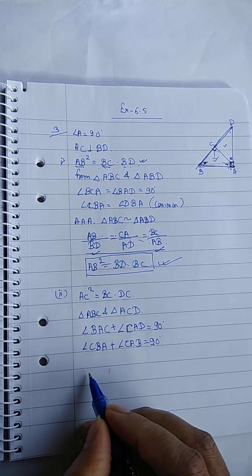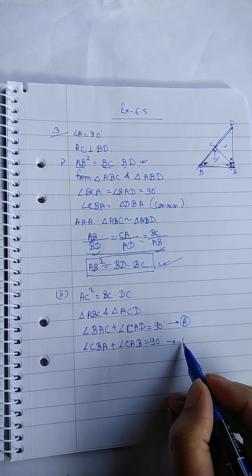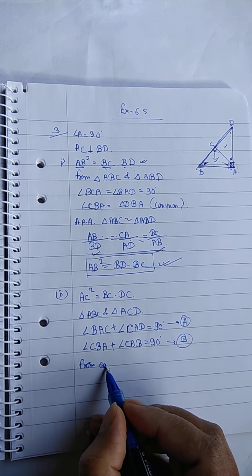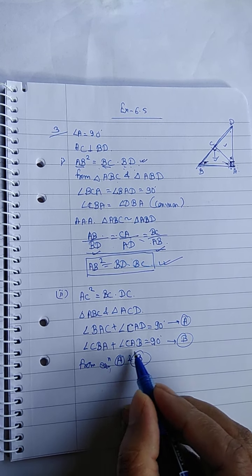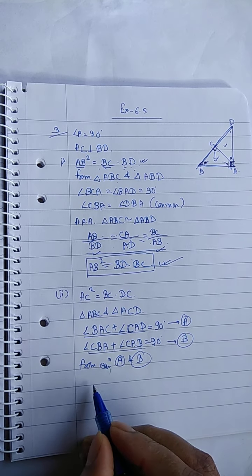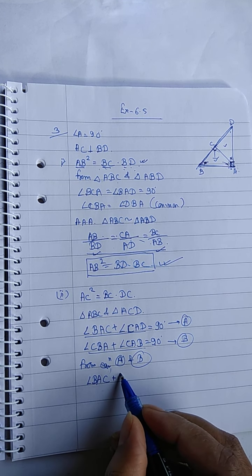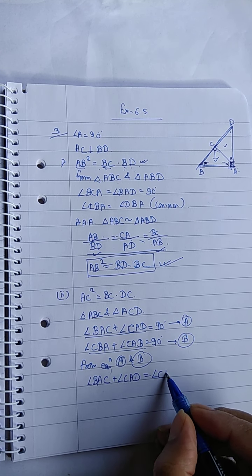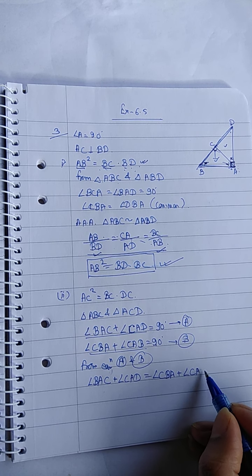Make it as A, make it as B. From equations A and B, angle BAC plus angle CAD equals angle CBA plus angle CAB.